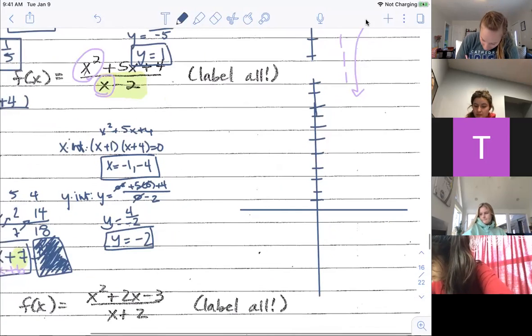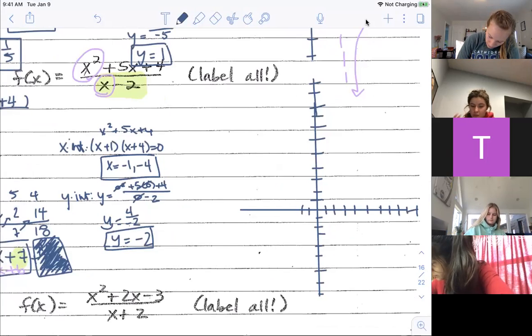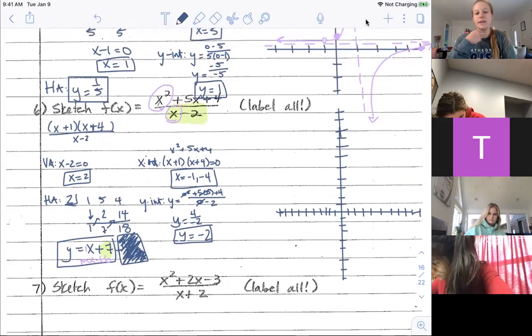And then the same thing over here. 1, 2, 3, 4, 5, 6, 7, 8. Again, scale's not perfect. Try your best. My negative x's look a little funky, but we'll deal with those later.